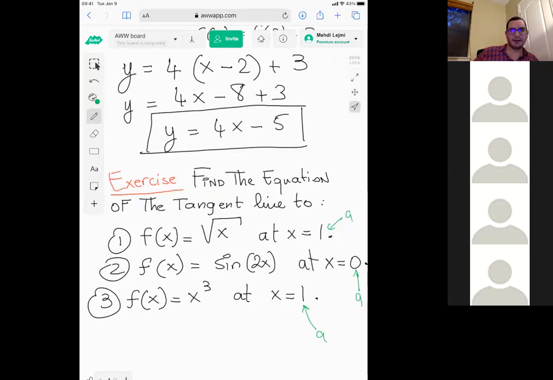I'm going to give you probably 5 minutes, guys, to think about this exercise. Again, it's about computing limits. You have to find first this slope m, and then you can write down the equation of the tangent line.